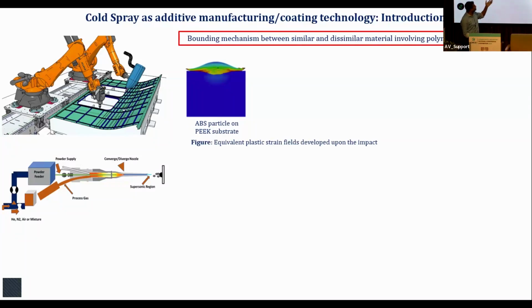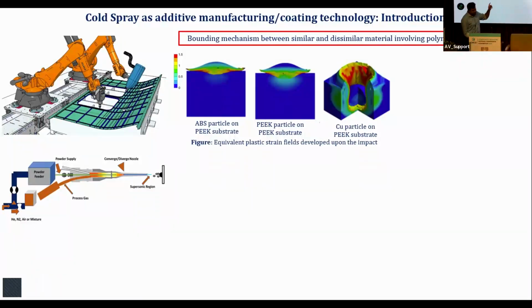For that, we have used multiple samples, not going into those details again. And second is, when your particle is relatively harder than your substrate, then mechanical interlocking plays the role. The first layer, called the seeding layer, happens because of mechanical interlocking. So if we want to deposit metals on polymer, that is the mechanism that we are looking for.